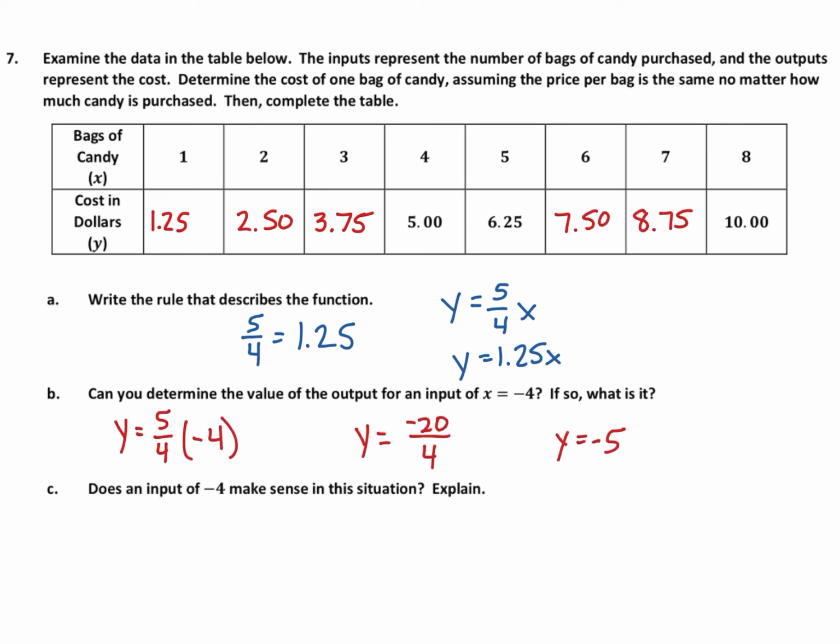It then asks us in part C, does an input of -4 make sense in this situation? Can you have -4 bags of candy? No. An input of -4 does not make sense.